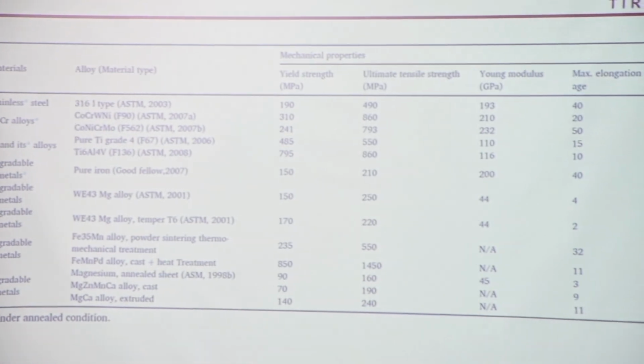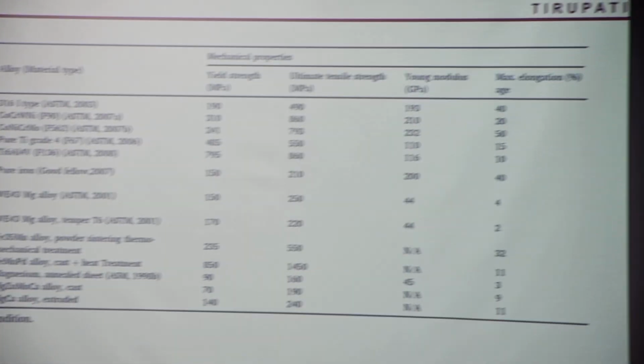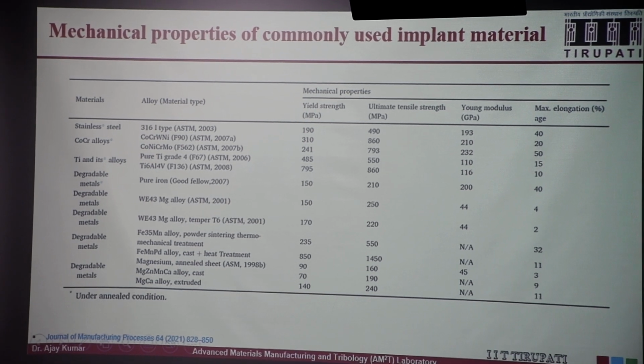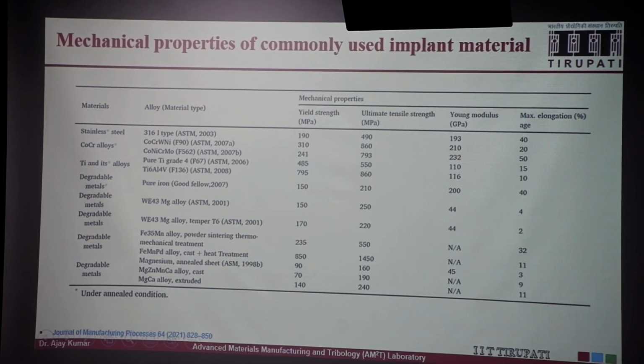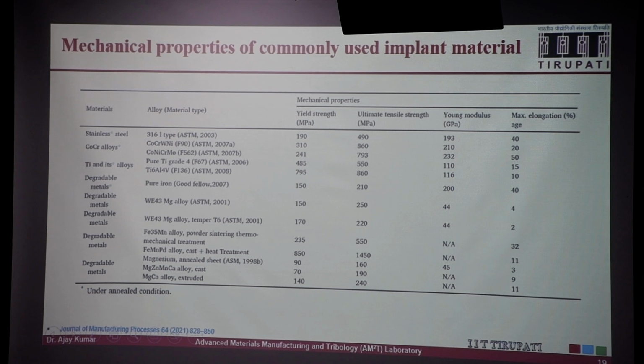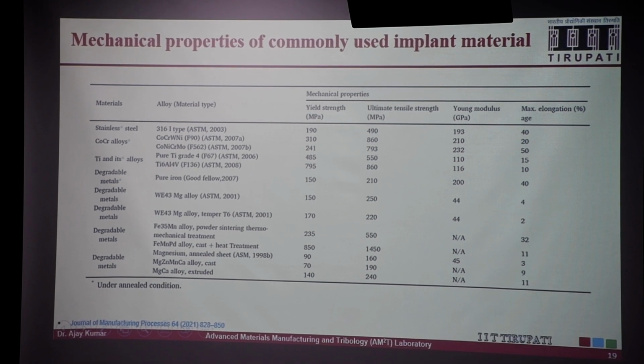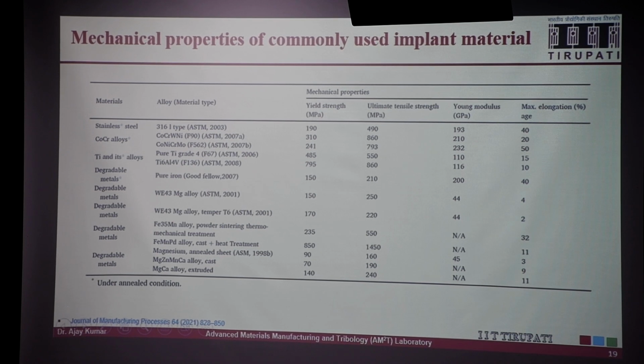Whatever you produce, if it is not sound, then you may end up with fracture. If you produce any 3D printed component, for example titanium alloy, and it is not printed perfectly, then what will happen?